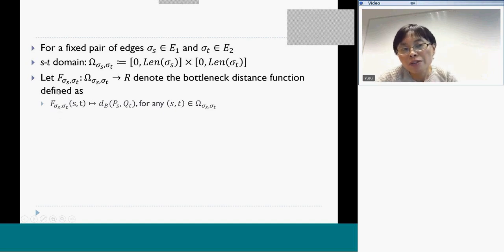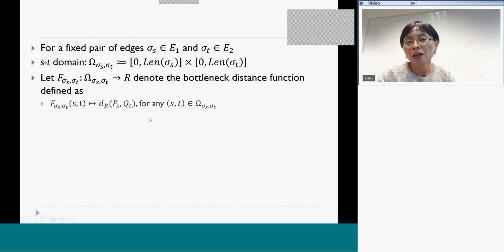Just think of F at S and T as simply the bottleneck distance between the persistence diagram corresponding to base point S in the first graph and the persistence diagram for the distance function with respect to base point T in the second graph. I call this function F the bottleneck distance function.